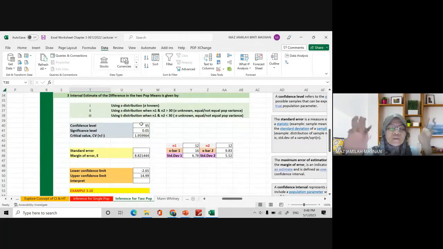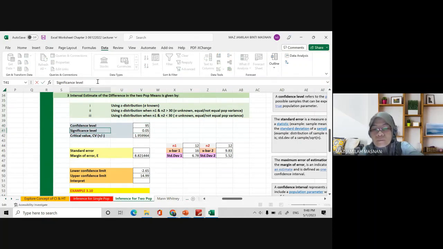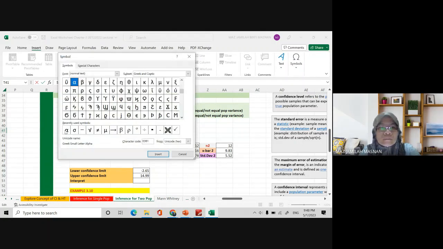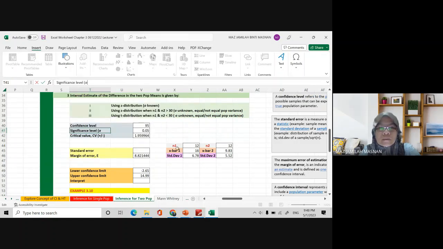In this case, we are using 95% confidence level. So for 95% confidence level, we have 0.05 significance level, or our alpha. So this will be our alpha, so it will be much clearer.